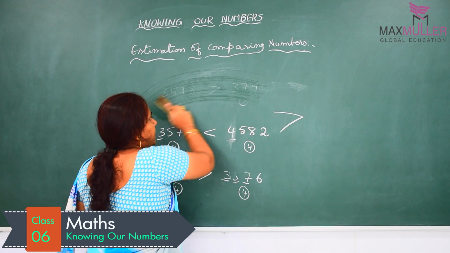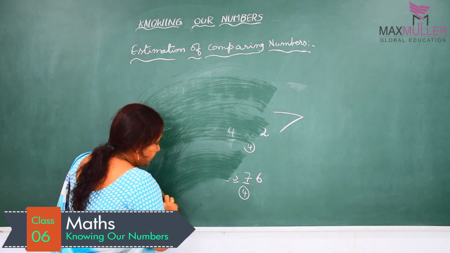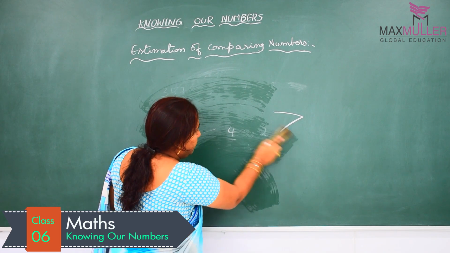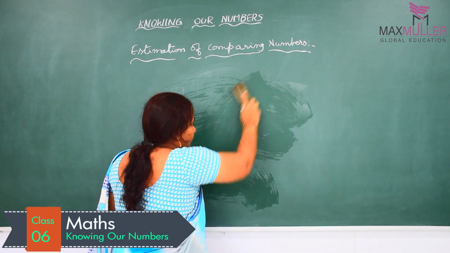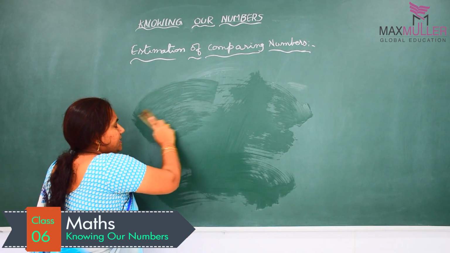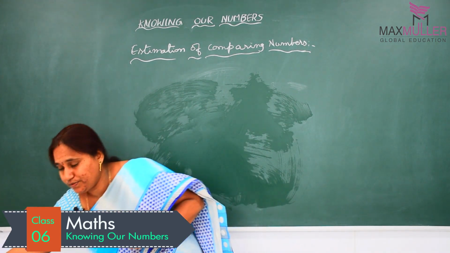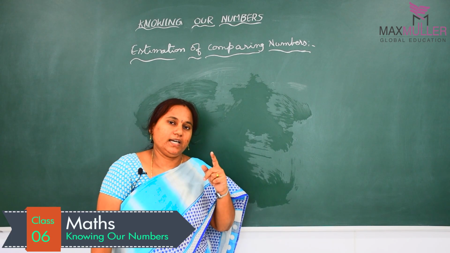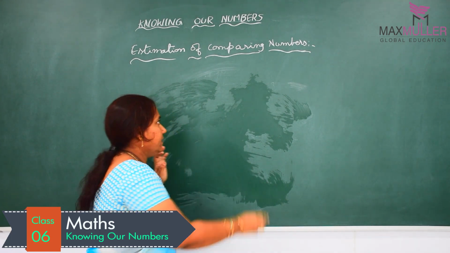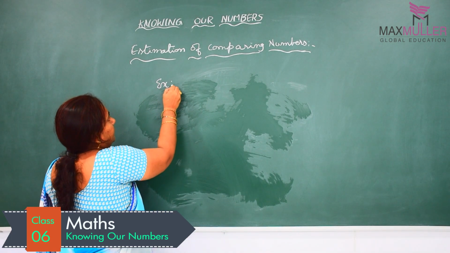Here we discussed comparing the numbers, greatest number, smallest number, as well as the less than symbol and also the greater than symbol. I think you understand this. Now I will give the sum, you have to answer it.